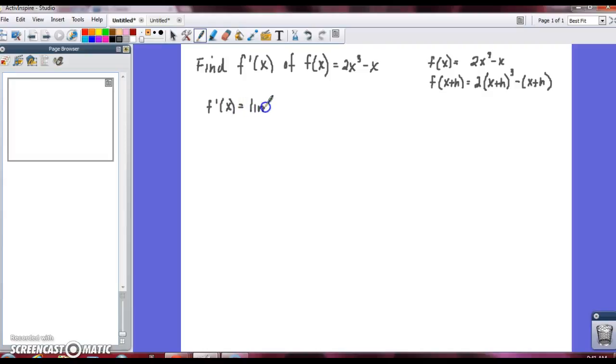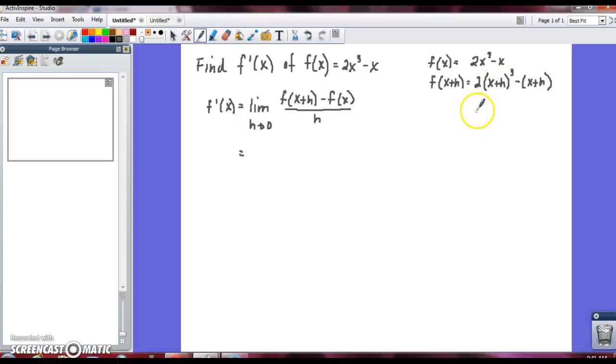And so we need to figure out what that slope is, so we have to use our formula. So we have to take the limit of f of x plus h minus f of x, all of that over h. So I have my f of x over here. I also have my f of x plus h.